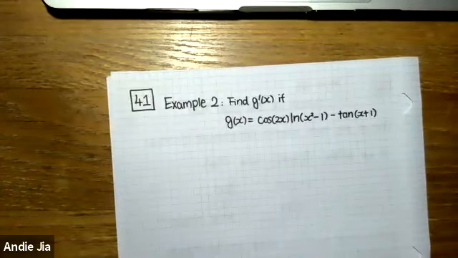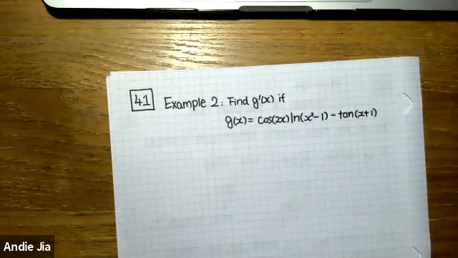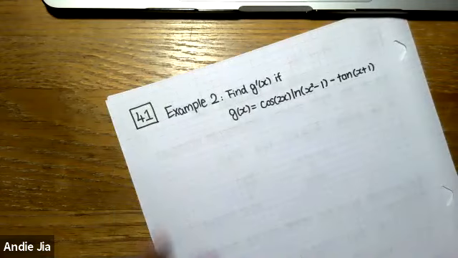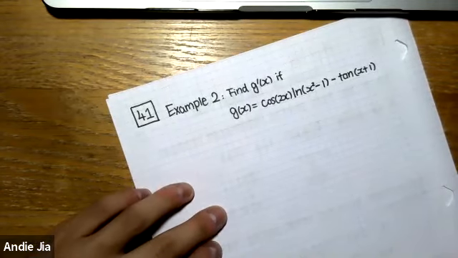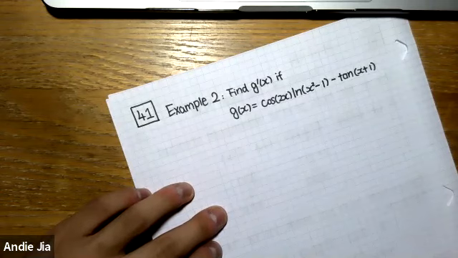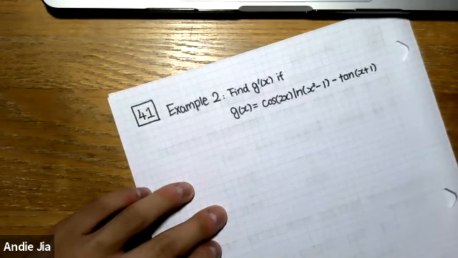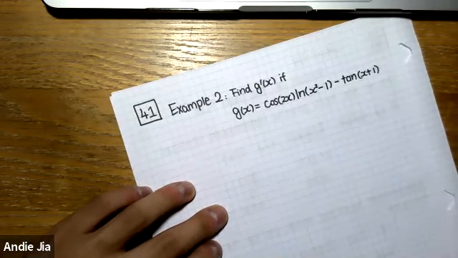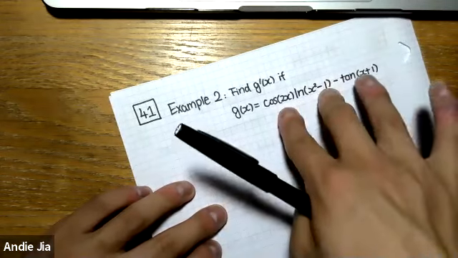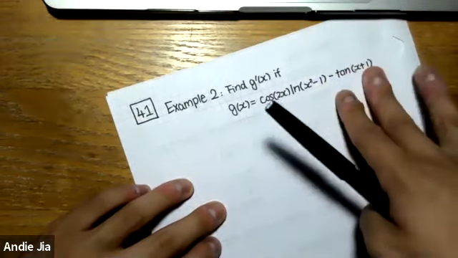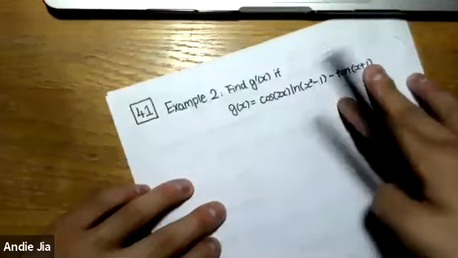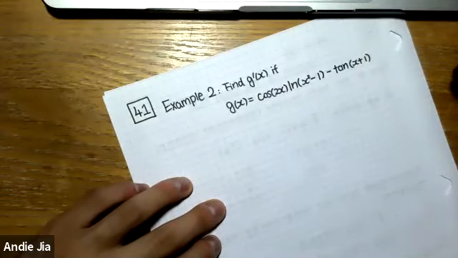Maybe pause the video and try it on your own, see if you can do this problem. And what rules do we use? We basically need to use all of the rules: product rule, sum rule, difference rule, chain rule.